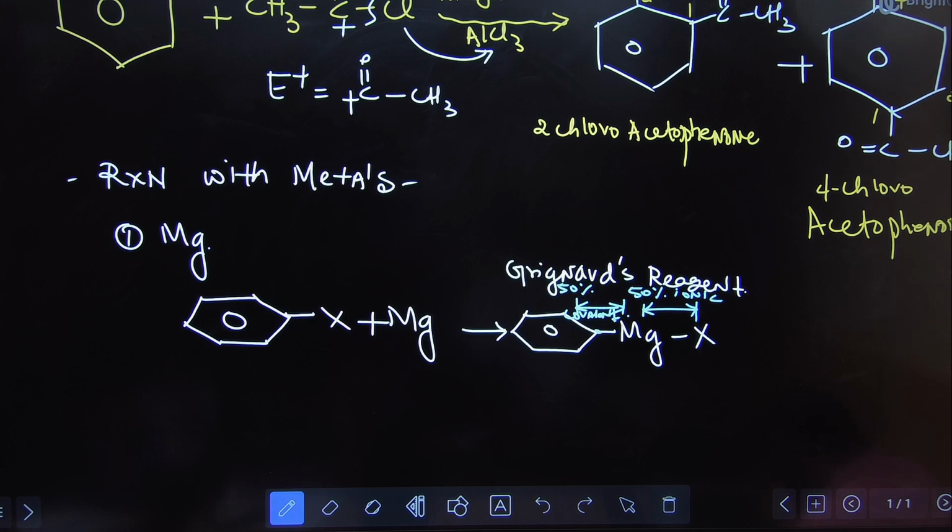So nucleophilic substitution reaction we have seen. Elimination reaction also we have to see. Elimination is not there in haloarene. Guys, my bad. It's 10.7.2, reactions of haloarenes. Do you see that?